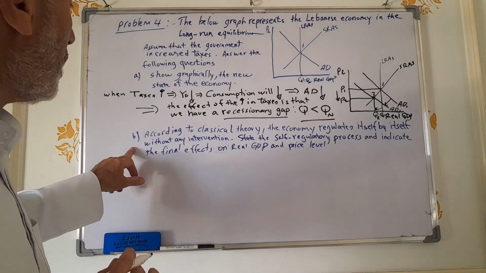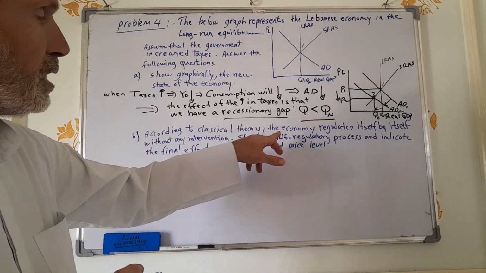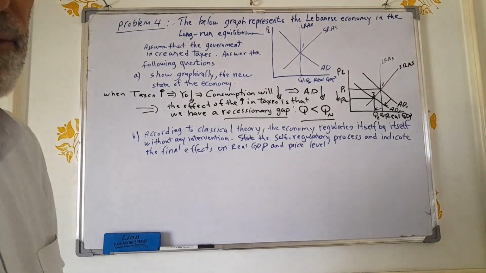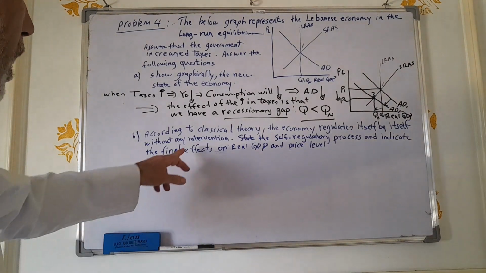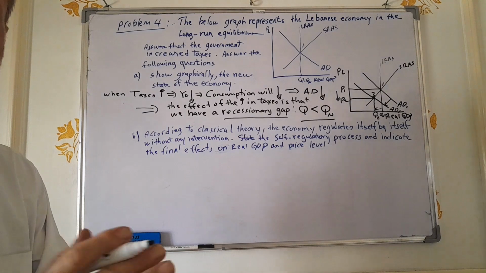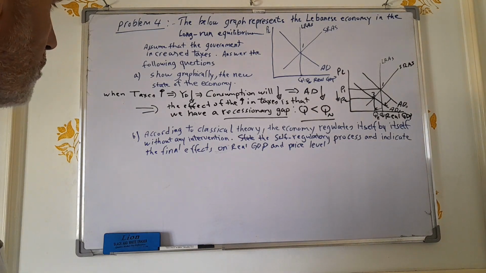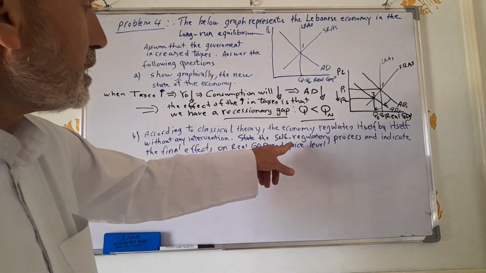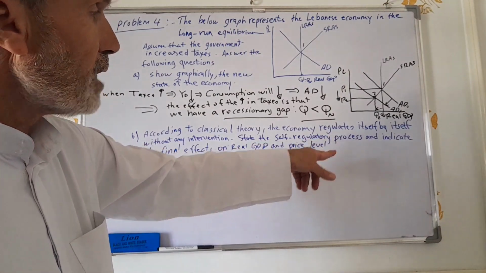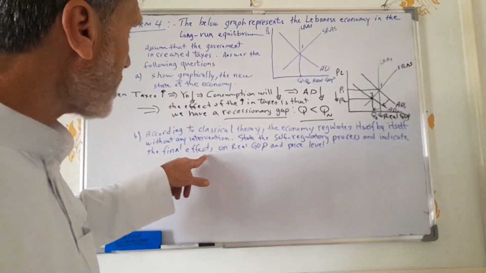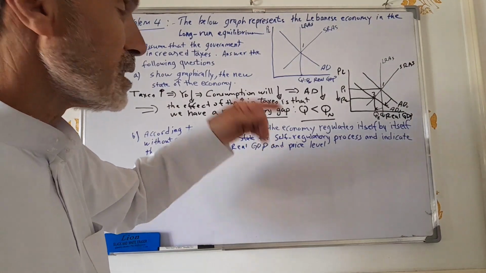Now, part B saying, according to classical theory, the economy regulates itself by itself. That's what we said about the classical beliefs. Without any intervention. We stated those beliefs just a couple of minutes ago. Now, state the self-regulatory process and indicate the final effects on real GDP and price level.